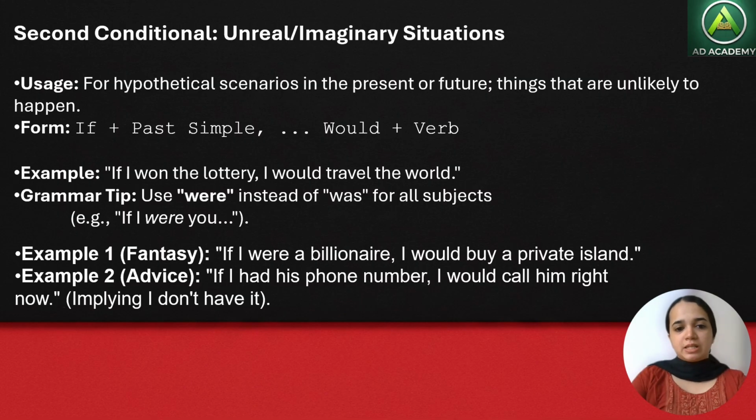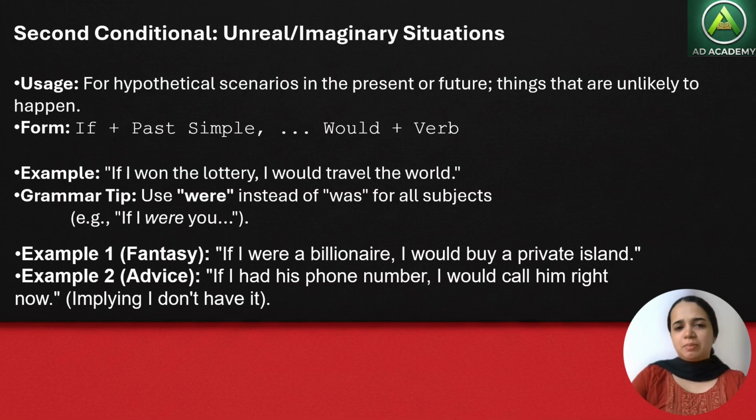Next, use were instead of was for all subjects. If I were you, not if I was you. For plurals, you can use were, and also we can use were when I am using a singular pronoun like she: if I were she, if she were an alien, if he were the American president.